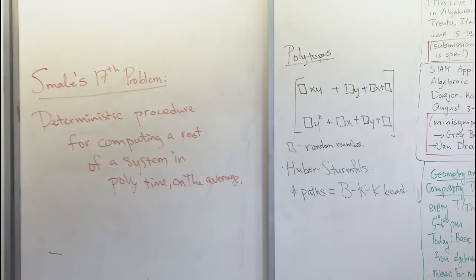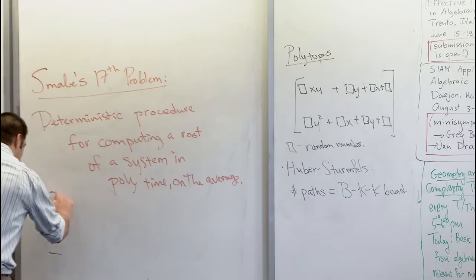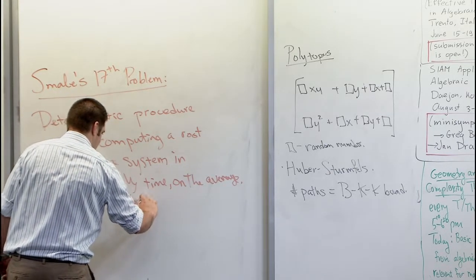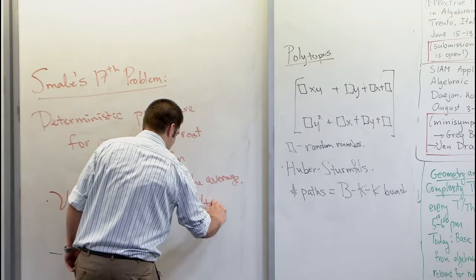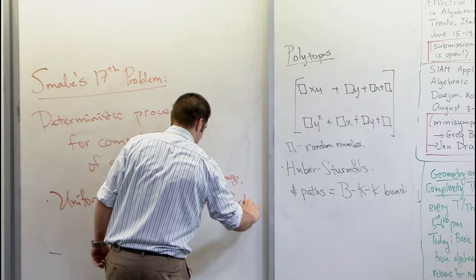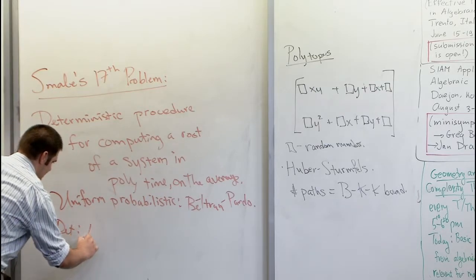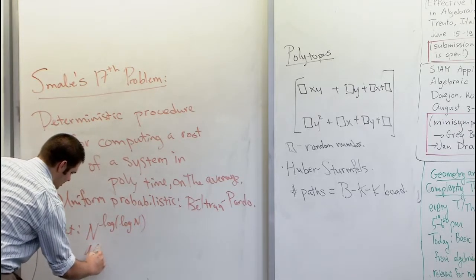Okay, what does it mean to compute a root? It means to compute a point in the quadratic convergence zone of Newton's method. And if you replace deterministic here with uniform, probabilistic, this has been solved by Beltran and Pardo. And if you keep deterministic, I believe the best is n to the log n, where n here is the input size.